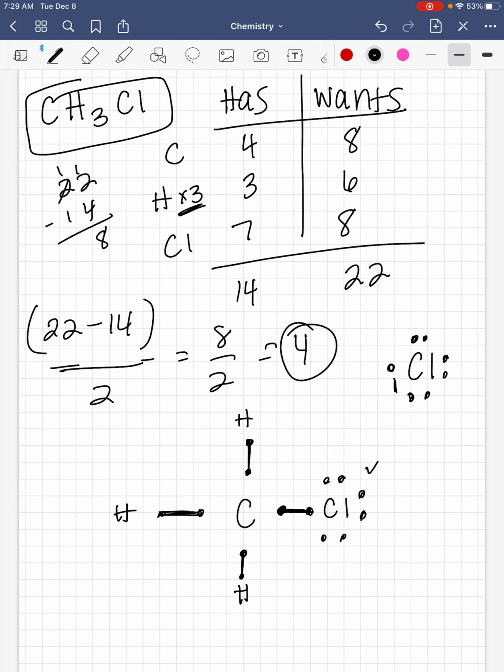So that's our molecule. So if you want to check it, chlorine had 8, hydrogen, this one has 2, check. This one has 2, check. This one has 2, check. And then the carbon, I have 1, 2, 3, 4, 5, 6, 7, 8. So this one is also good to go.